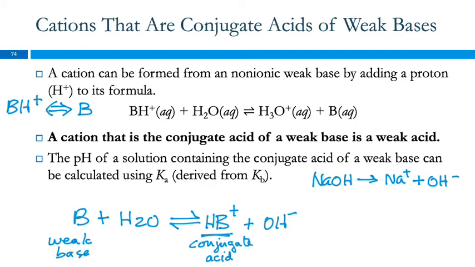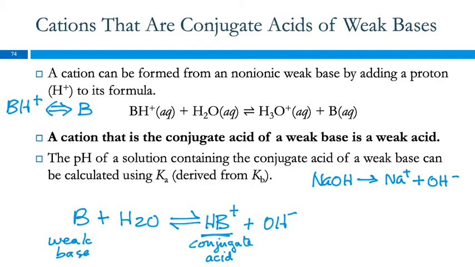So a cation that is a conjugate acid of a weak base is a weak acid. And we can calculate the pH of the solution by using Ka. Since this is the conjugate acid of a weak base, we probably have the Kb available. But we can pull the same trick to calculate Ka from Kb. It's exactly the same, but different.